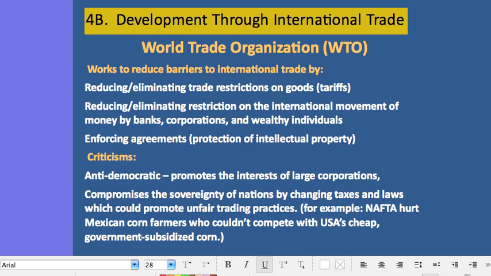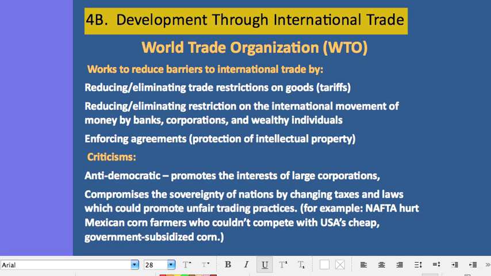It's almost like policing, or providing a structure to make sure that free trade happens. Criticisms of this are that it's anti-democratic, so it promotes the interests of very large multinational corporations at the expense of small businesses that really can't compete with them. It definitely compromises the sovereignty of nations.